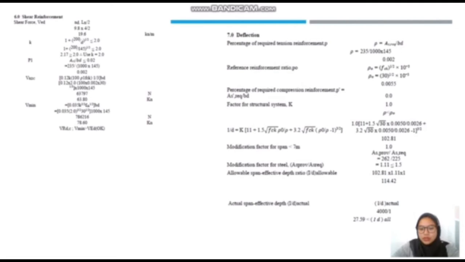Okay, so we need to calculate allowable span effective depth ratio, l over d allowable, so we get 114.42. Actual span effective depth l over d actual we get 27.59, so it's also less than l over d allowable.